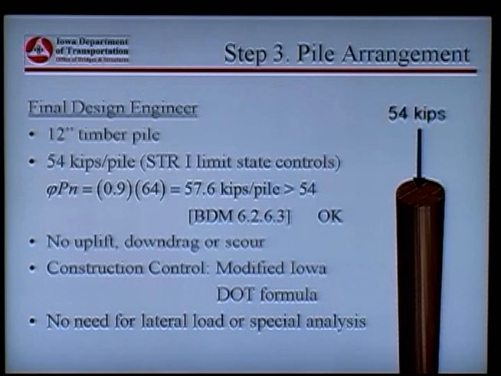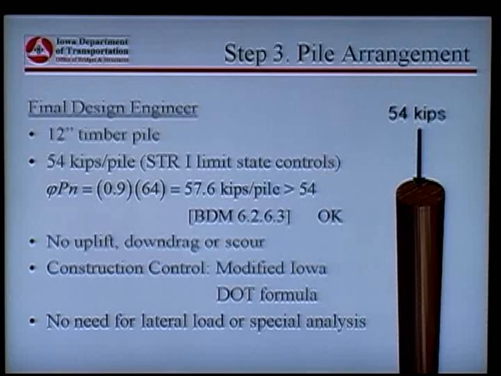And we want to know if the timber pile has the capacity to resist the structural load, and the driving resistance shall be equal to 0.9, that resistance factor, applied to the structural capacity of the timber pile. The maximum allowable capacity of the timber pile is 64 kips. That is, again, the same value given in the bridge design manual for timber pile.